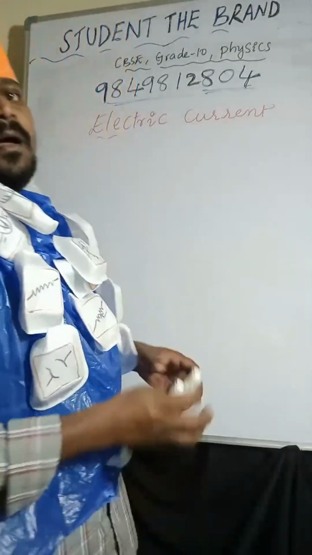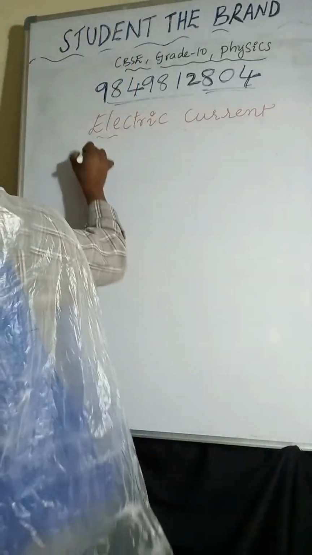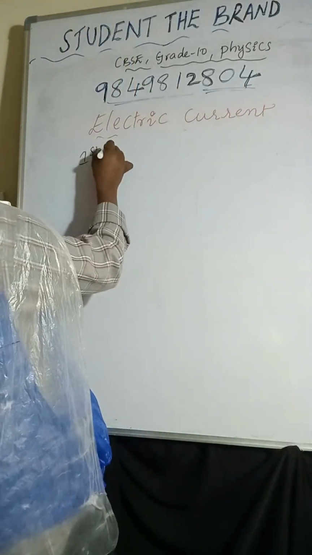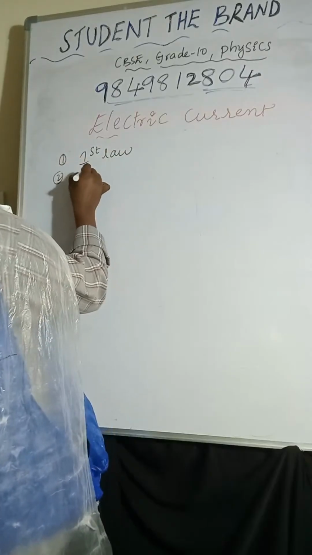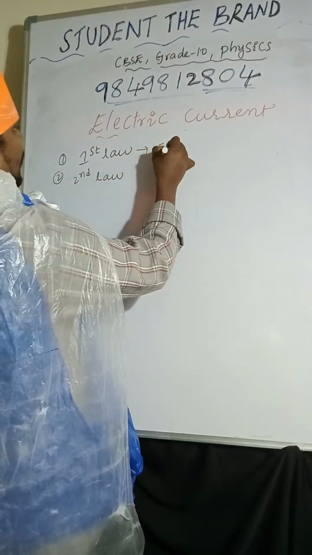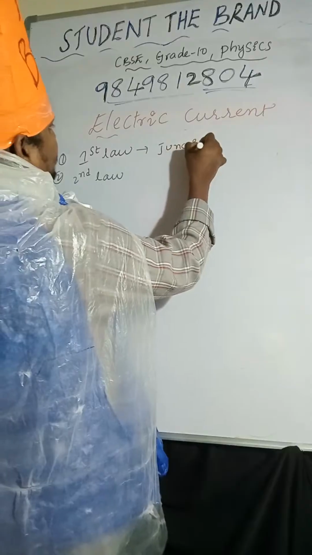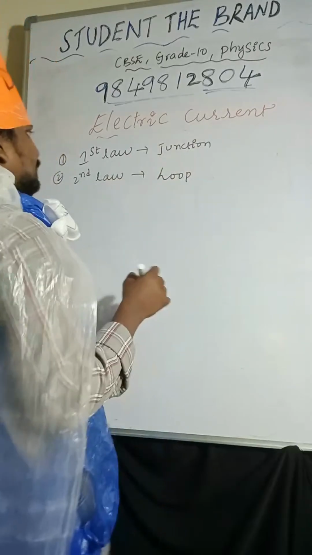Okay. Now we'll discuss Kirchhoff's law. First law and the second law. There are two laws: one is junction law, another one is loop law. So what is junction?